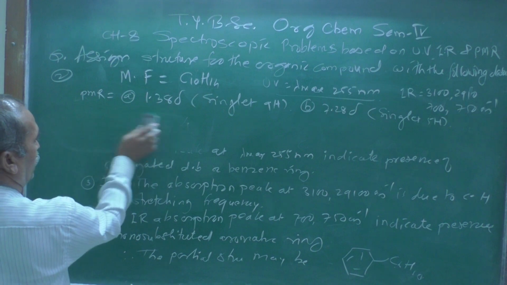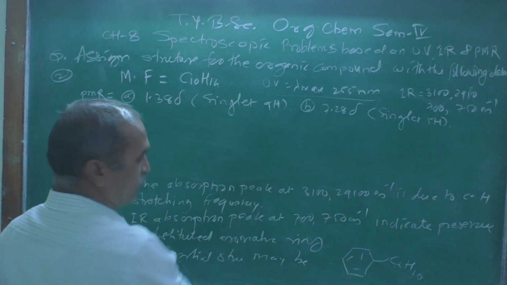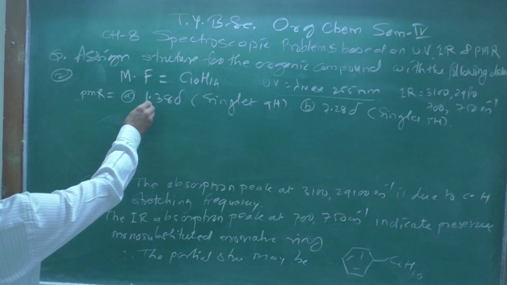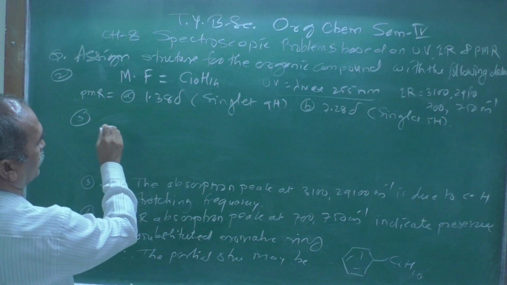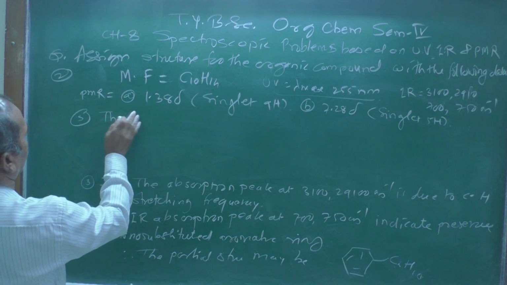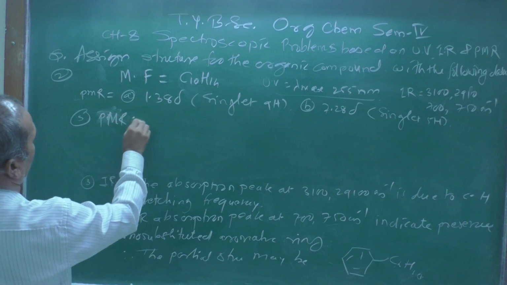Let me clean here. Fifth point, what is that? Fifth point is here, the singlet in the PMR data.